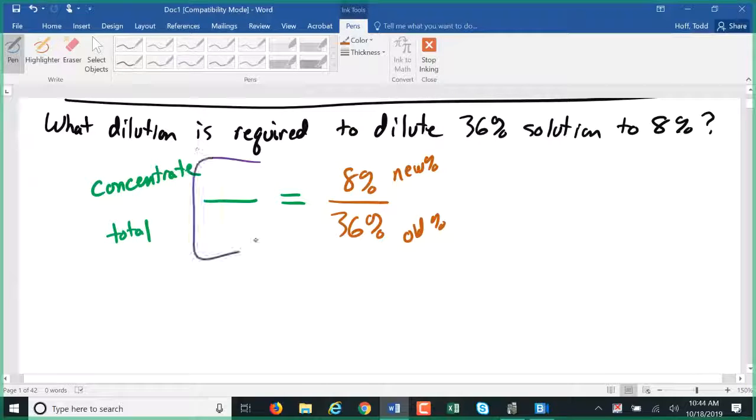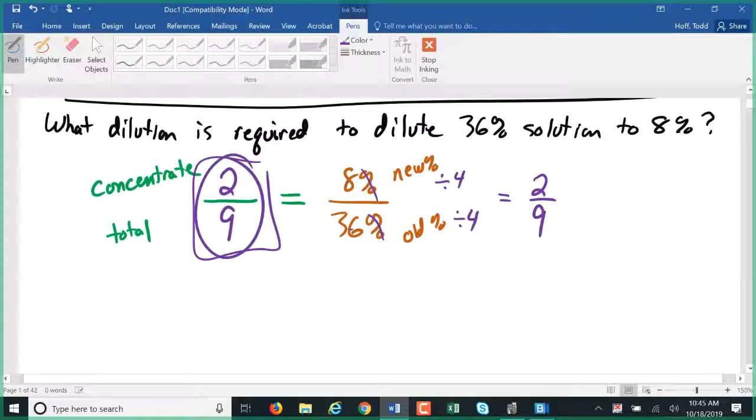So to find the actual dilution here, we're just going to take that 8 over 36, the percent symbols will cancel out, and we're going to reduce those fractions. Both 8 and 36 can be divided by 4. 8 divided by 4 is 2. 36 divided by 4 is 9. That is a 2 in 9 dilution.